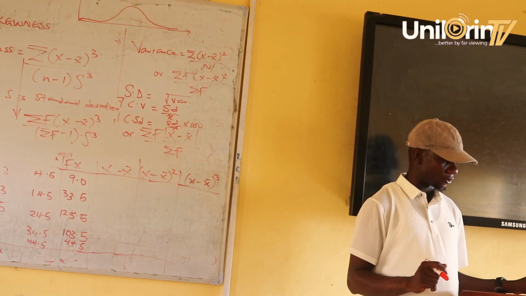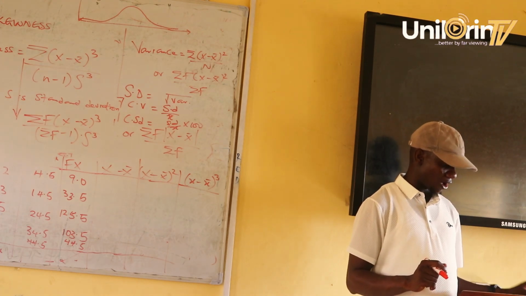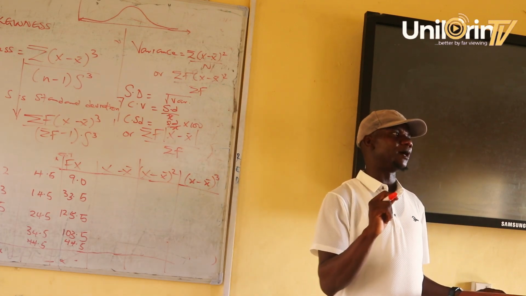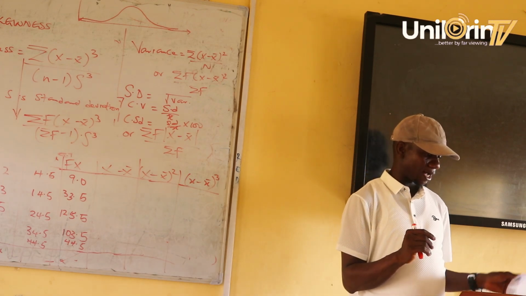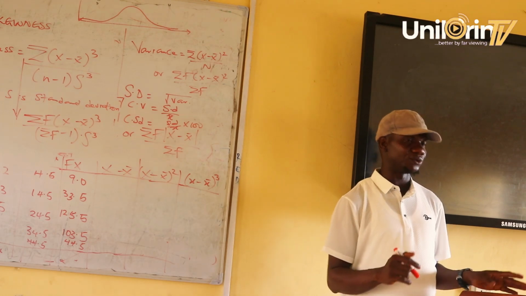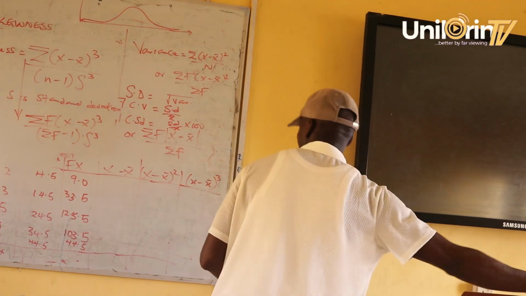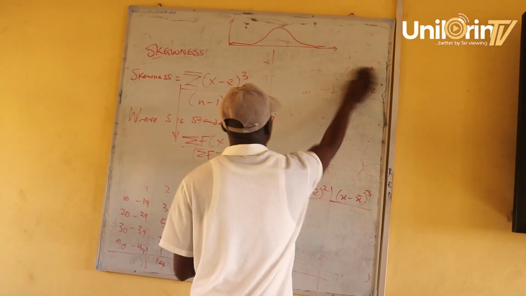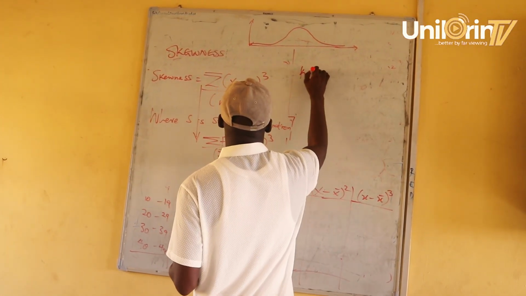Kurtosis is a measure that tells us how much taller or shorter a bell shape is compared to the normal distribution. Its calculation is similar to that of skewness.